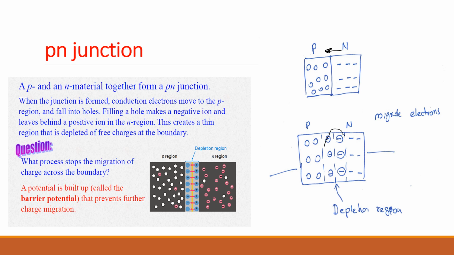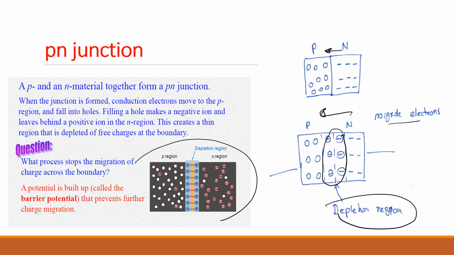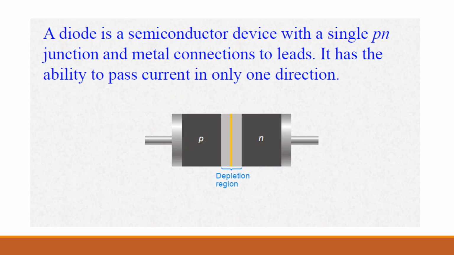So this area here is the depletion region, where the electrons have moved to the spaces in the p-type material. They are migrating electrons from here to here. So this is how a diode looks. In the diode, you have this depletion region, a p-type material and an n-type material.